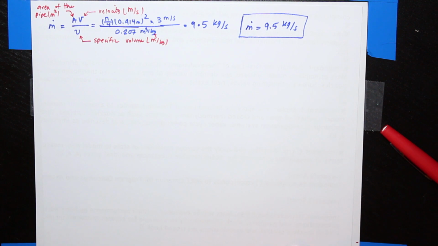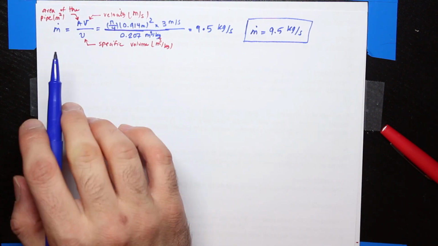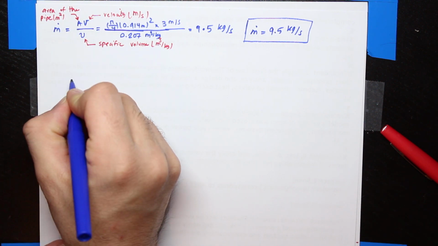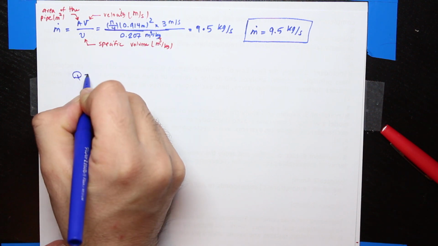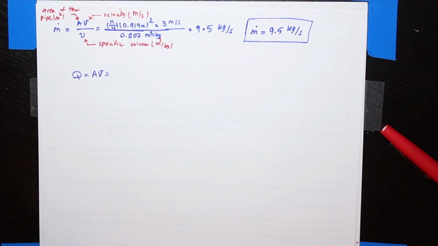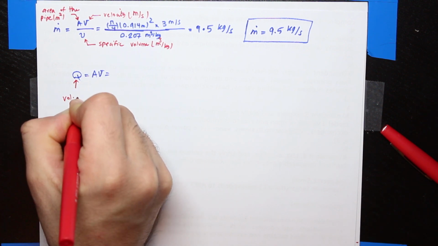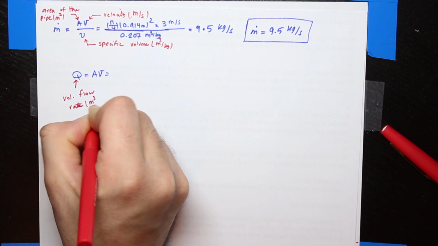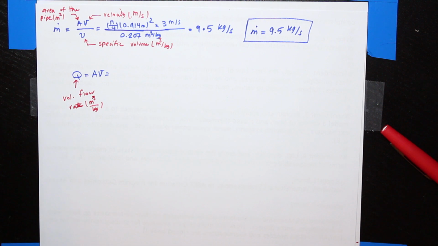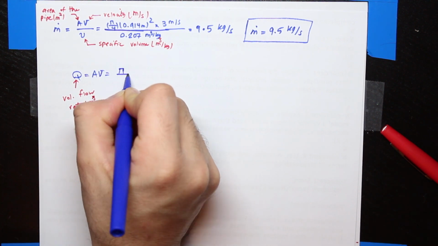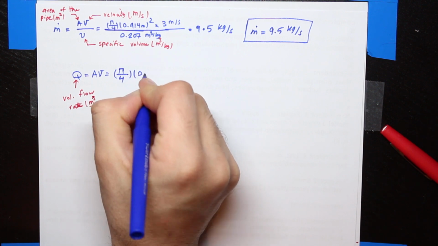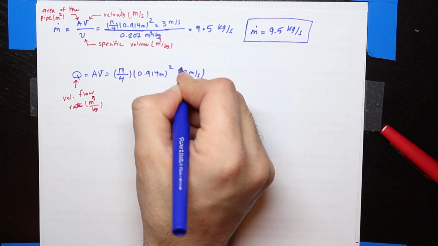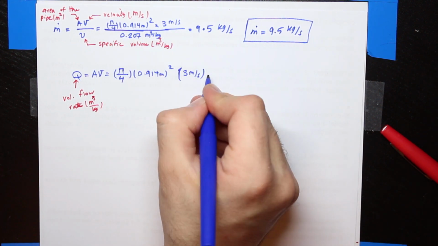Okay. Also, I want to find the volumetric flow rate, which is exactly the denominator of this equation. So the volumetric flow rate, whatever you show that, Q is equal to AV. By saying Q, I mean volumetric flow rate with the unit in meter cube per second. So that is area, pi over 4 diameter squared, multiplied by the velocity, which is pretty much like what we had here.